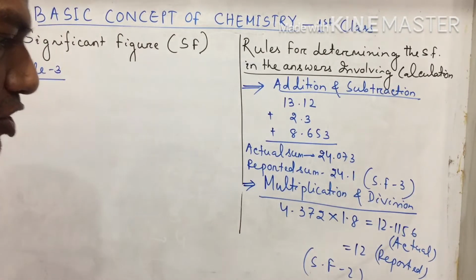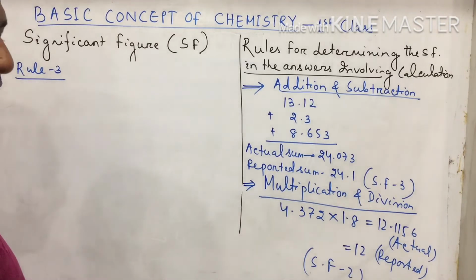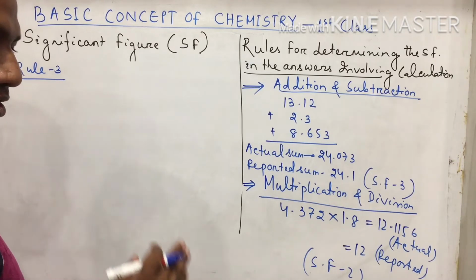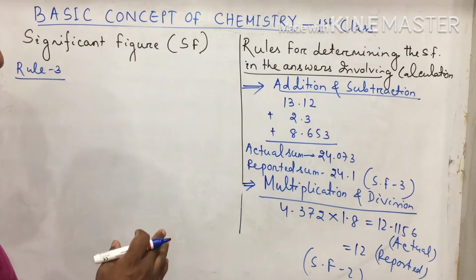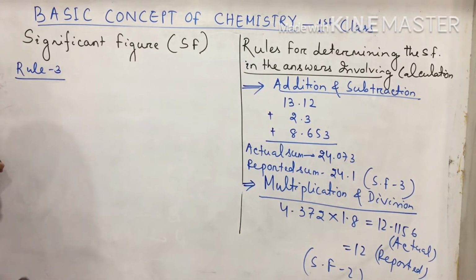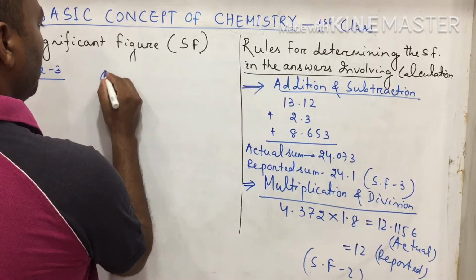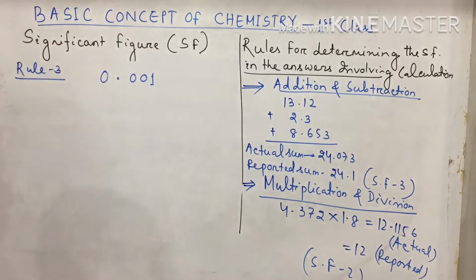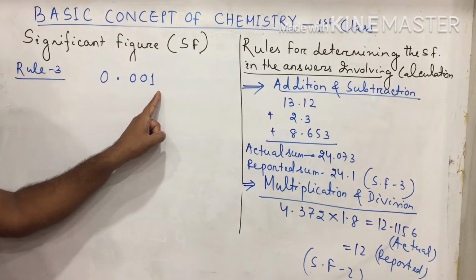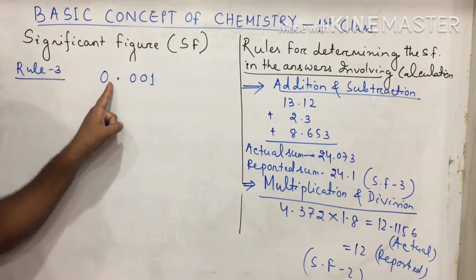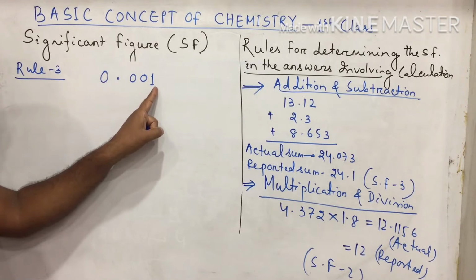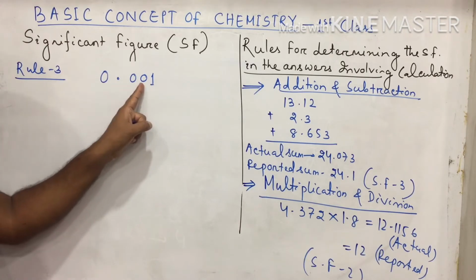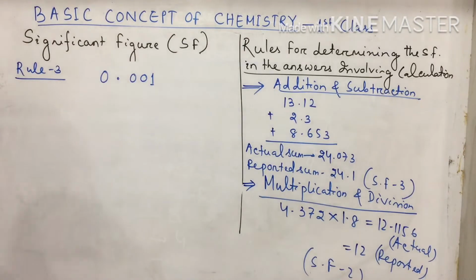Third rule is 0 to the left of the first non-zero digit in a number is not significant. That means, suppose 0.001. This is the first non-zero digit. Before this one, zeros are there, these zeros are not significant.